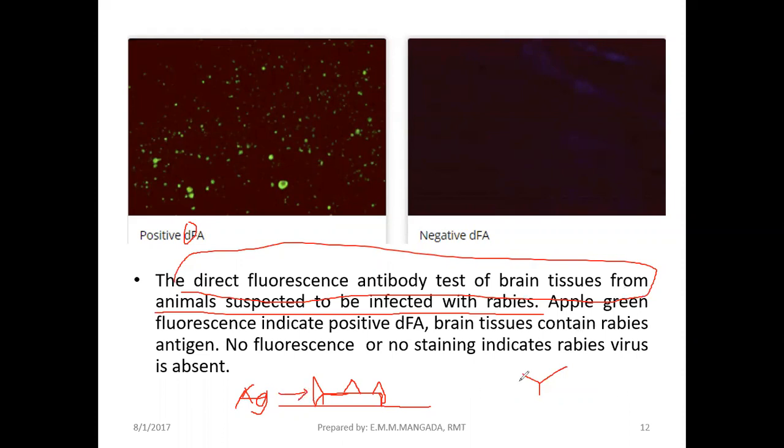And then we also have these antibodies. Our reagent antibodies, we will use them to detect if there's really presence of your rabies antigen in the tissue. So guys, these antibodies, we call them your anti-rabies antibodies.